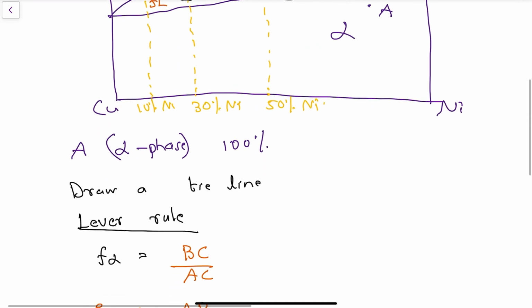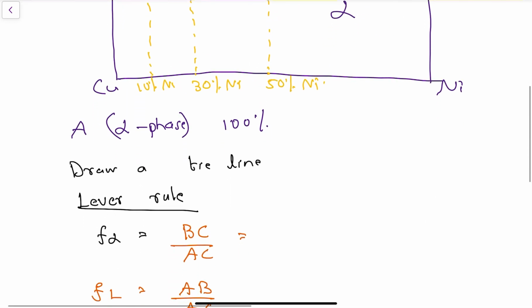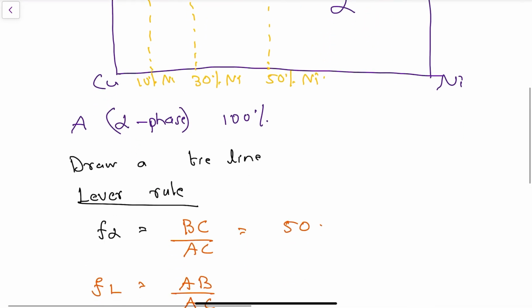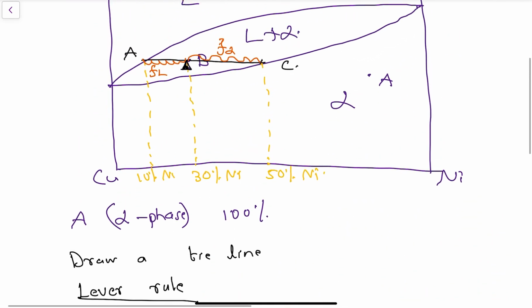So for this particular example, let us find it. F alpha here will be equal to this C point, that is 50% nickel, so 50 minus 30 divided by 50 minus 10. This is equal to 20 by 40, so this is 50% of alpha. And for liquid, we will take AB.